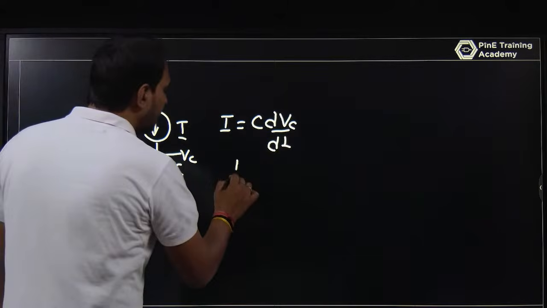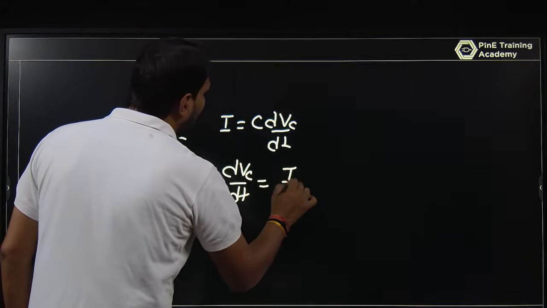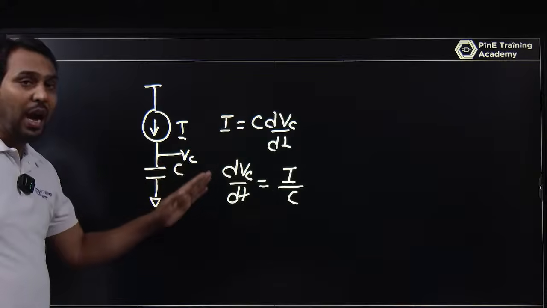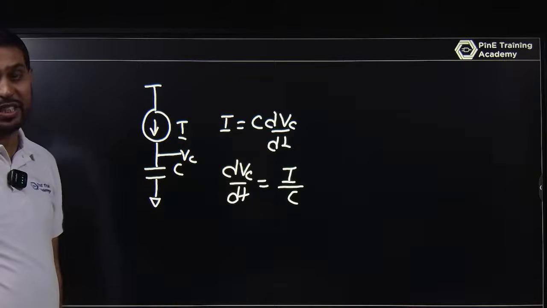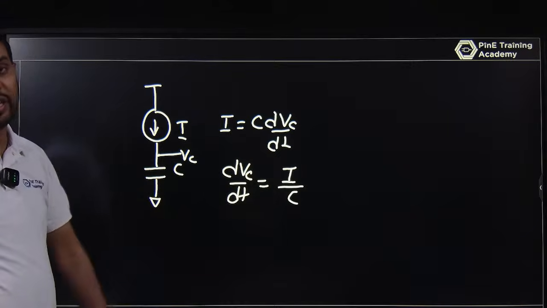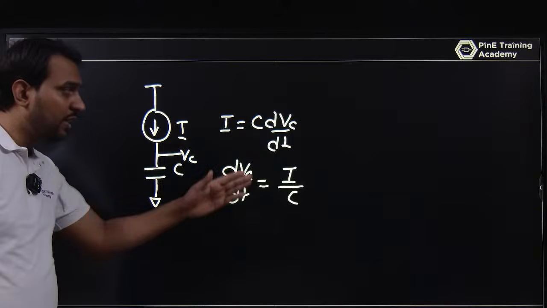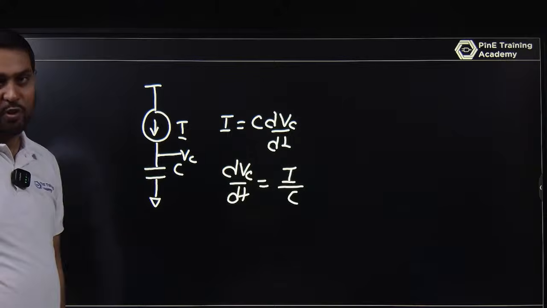And what is dVC by dt? dVC by dt is equal to I by C. I can say the capacitor will charge with a constant slope, dVC by dt is I by C. Voltage with respect to time, because you are drawing a graph of V out versus time.